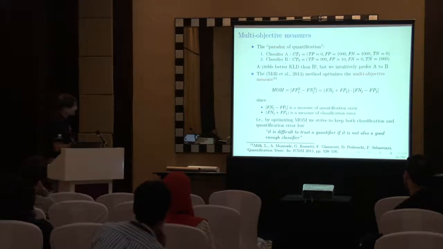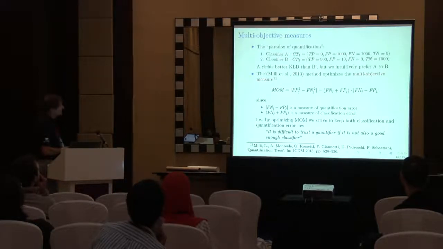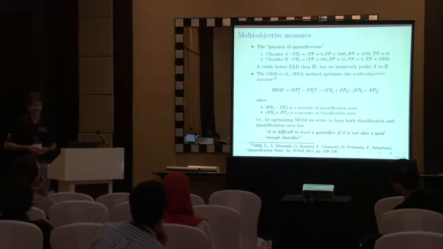So that, say, classifier A, which does 1,000 false positives and 1,000 false negatives, is paradoxically better in terms of KLD than classifier B, which only does 10 false positives and 0 false negatives. So in terms of KLD, B would be worse than A.